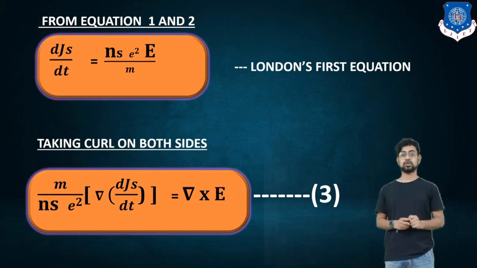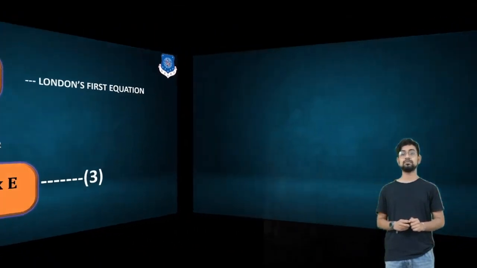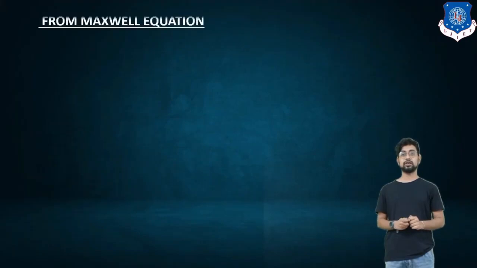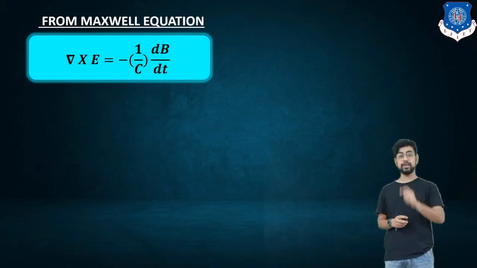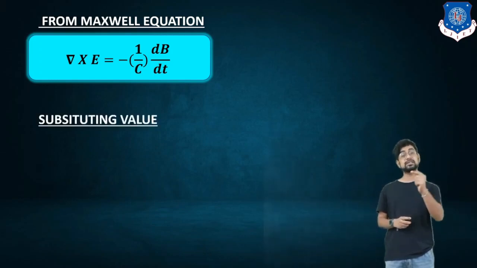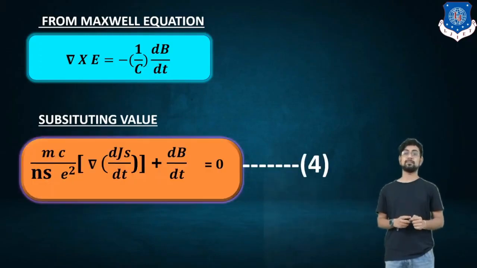After that third equation, going to the Maxwell equations, we already know one equation: curl of the electric field equals minus 1 upon c dB/dt. We have already recalled this previously also. Now this equation is to be substituted in equation number 3.